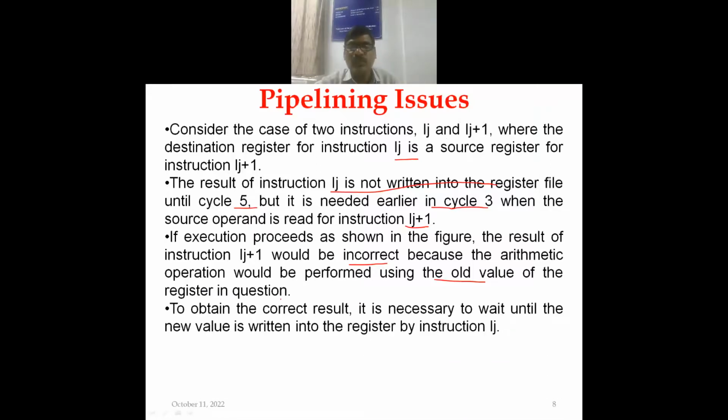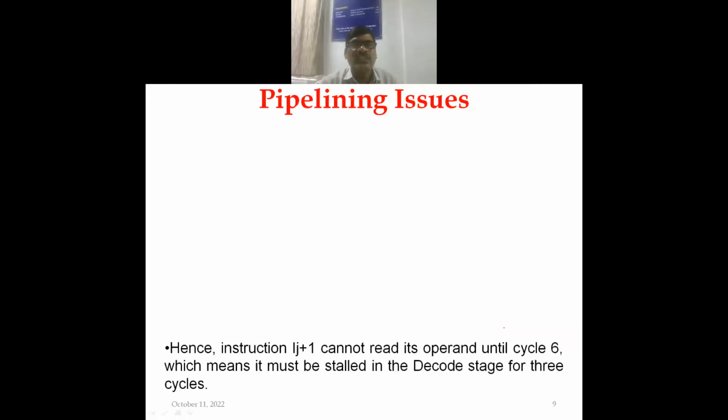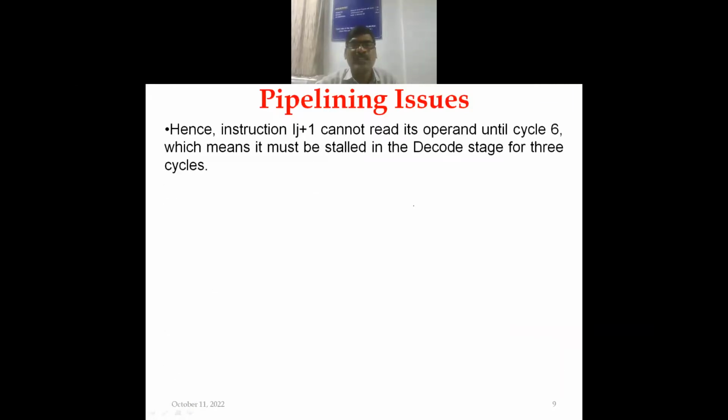To obtain the correct value, it is necessary for the ij plus 1 instruction to wait until the new value is written into the register by the ij instruction. So the instruction ij plus 1 cannot read its operand until clock cycle 6, which means it must be stalled in the decode stage for 3 clock cycles.